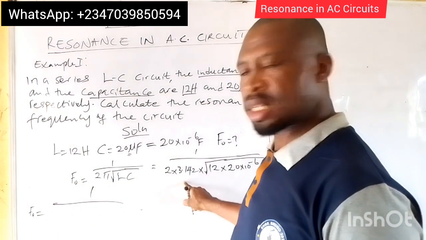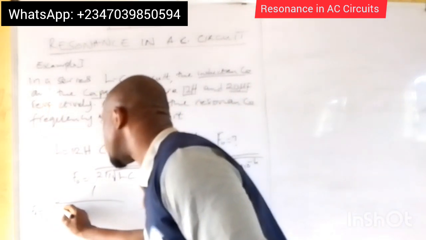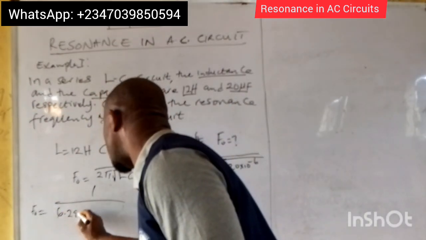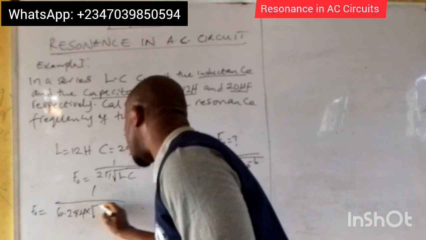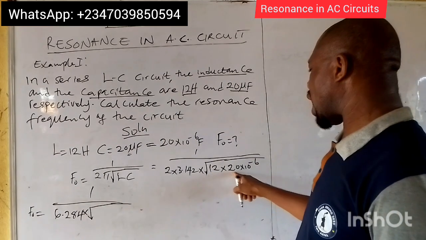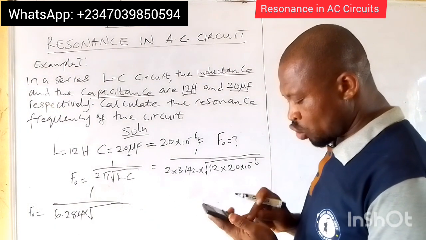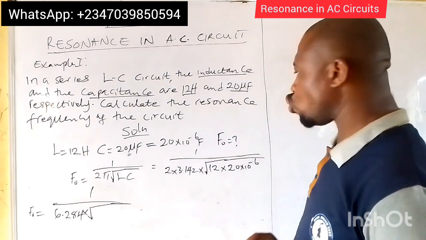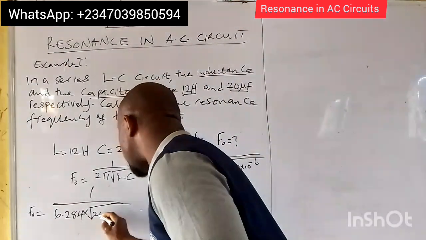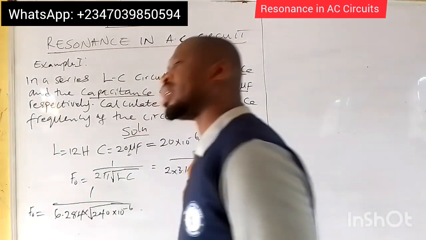If you take this, we'll have 2 times 3.14 to give us 6.284 multiplied by the square root of. Now we take this 12 times 20, and the 12 times 20 will give us 240. So 240 multiplied by 10 raised to power minus 6.